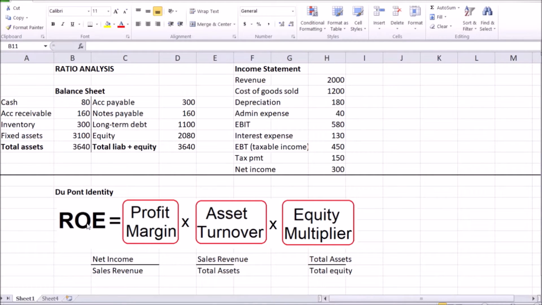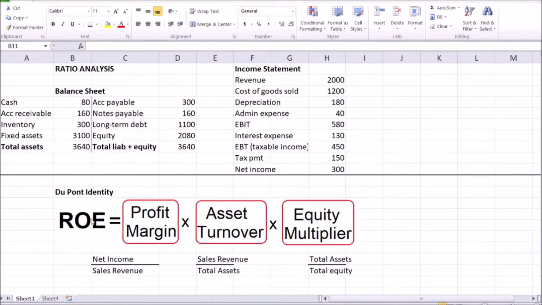For example, if the profitability measured by the return on equity is not adequate because the firm doesn't manage its expenses well, that would show with a relatively poor profit margin.